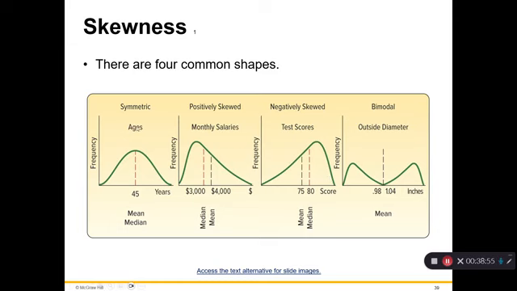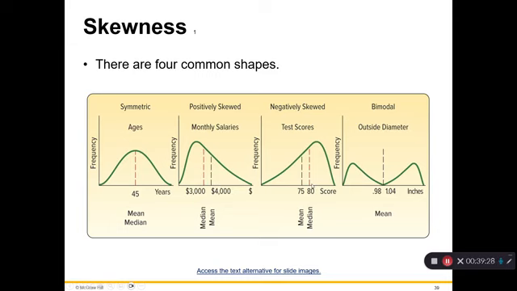If it's totally symmetrical, you see that the mean and median coincide, overlap, because whatever is on the left hand side of the mean value is the same on the right hand side of the mean value. In the case of positively skewed, when the shape is like this, it's skewed on this side, and median is always less than mean, because the mean is pulled to this side, right?